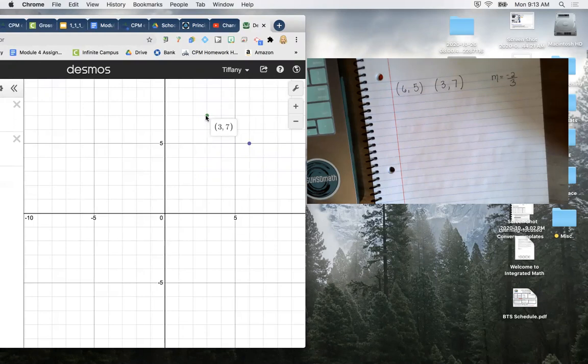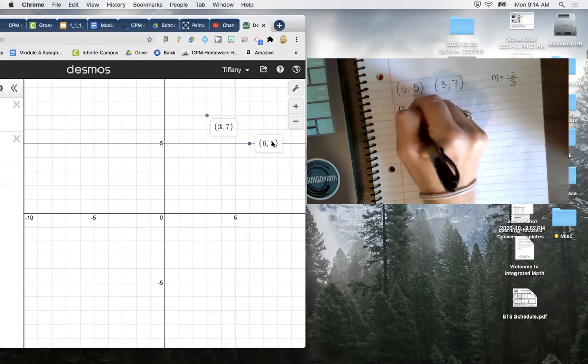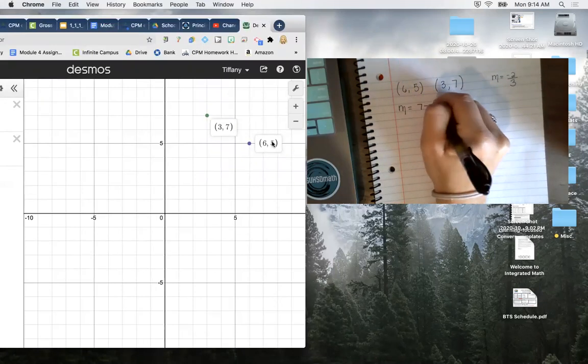What I did when I went down 1, 2 is I went from (3, 7) to (6, 5). I took the changes in my y's. I went from 7 to 5. I took my 7 minus my 5.